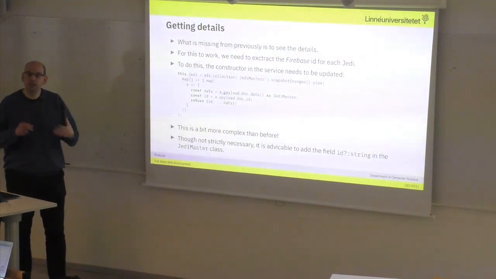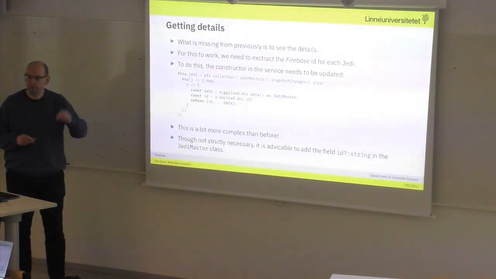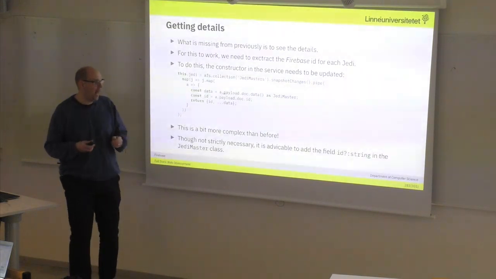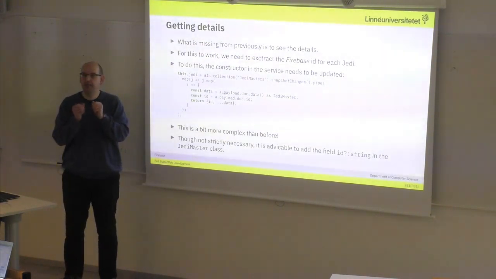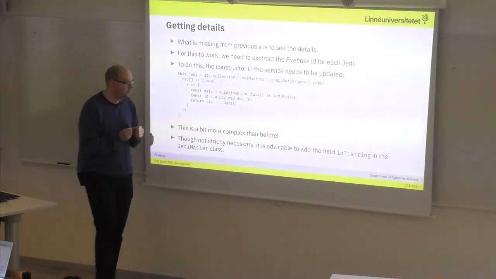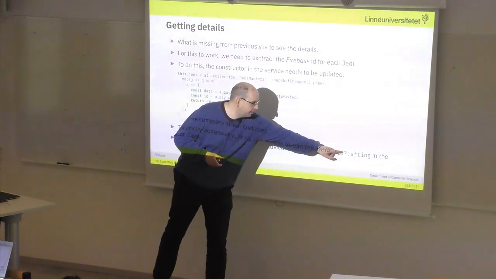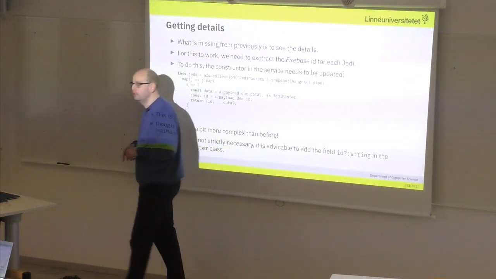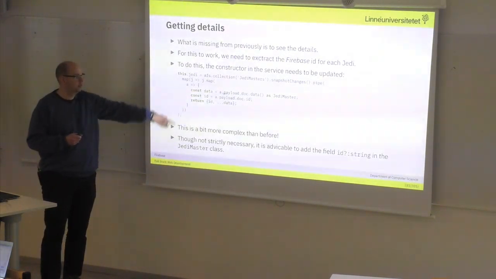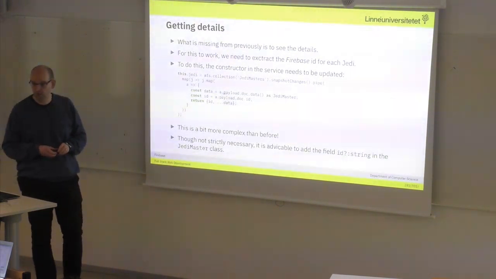If we want to get details, as we did previously when we clicked, we need to add a way to get the ID. And to do that, I would recommend that you also, in your class, add a field id: string, because what we are going to do is this. Oh my God, you say, what's that?